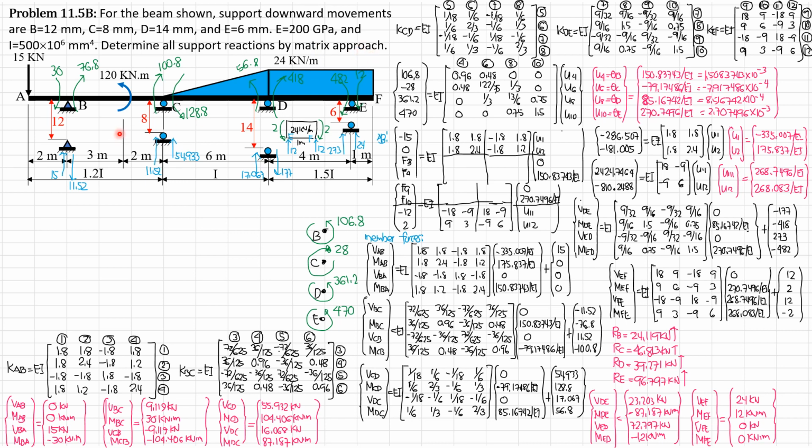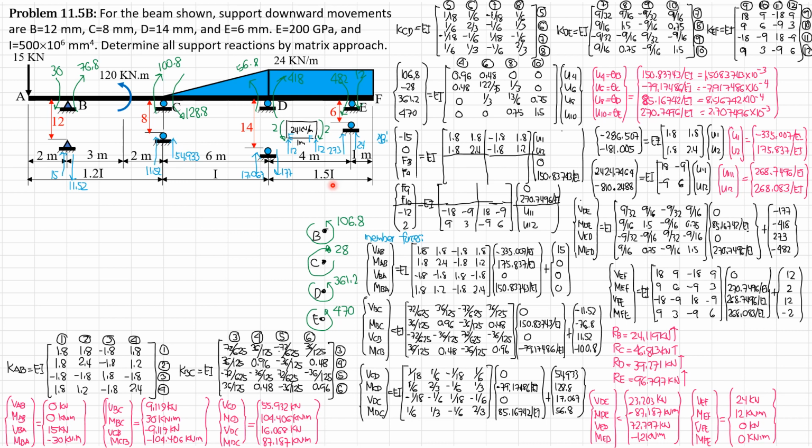So let's verify the support reactions. So we have support settlements B 12, C 8 mm, D 14 mm, then at E 6 mm. And the moment of inertia of portion ABC is 1.2 of I, portion CD and DEF 1.5 I.